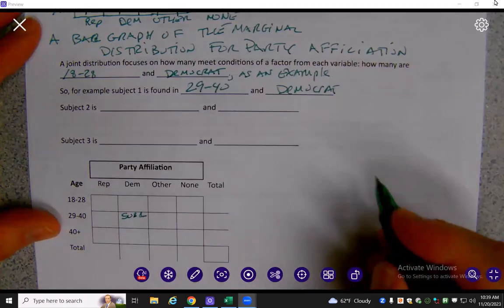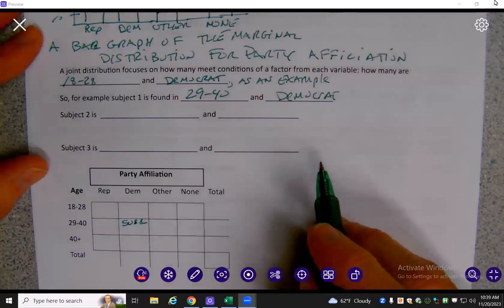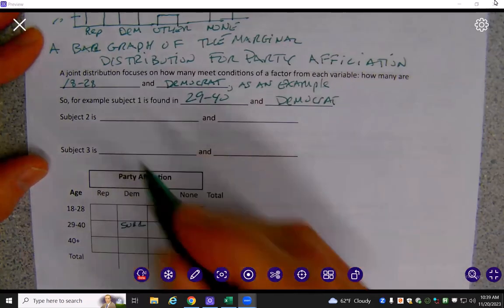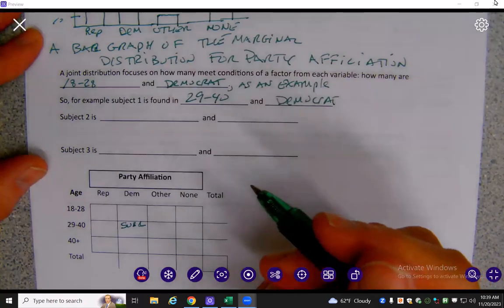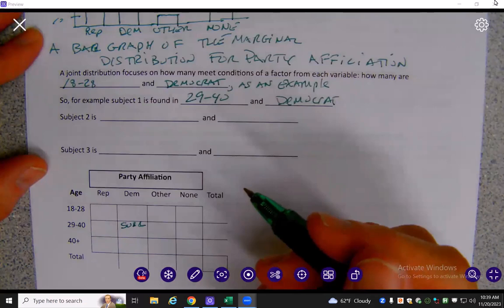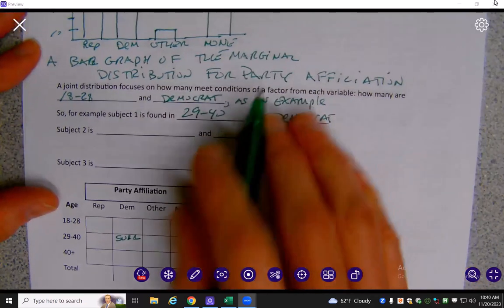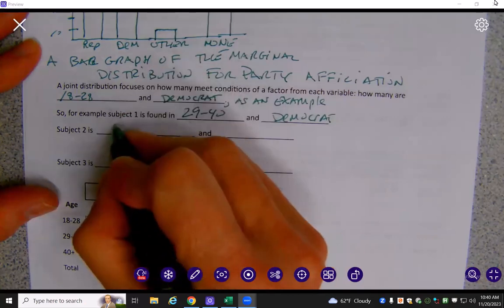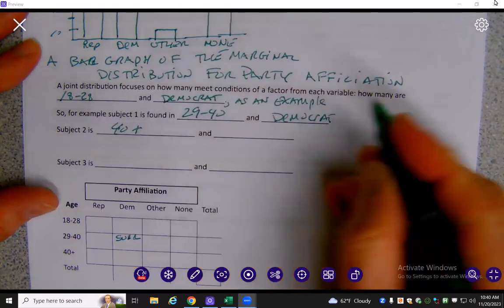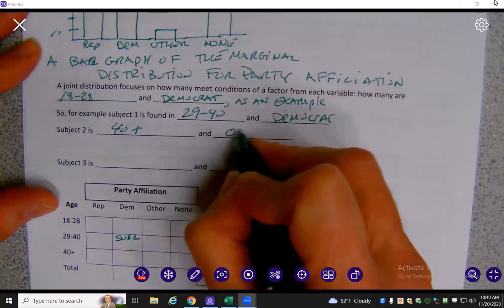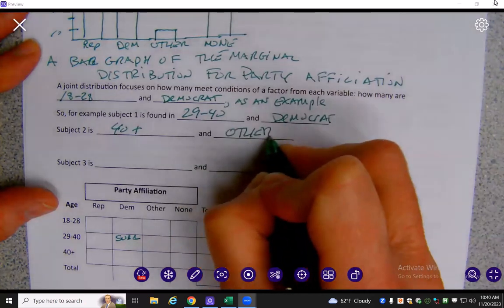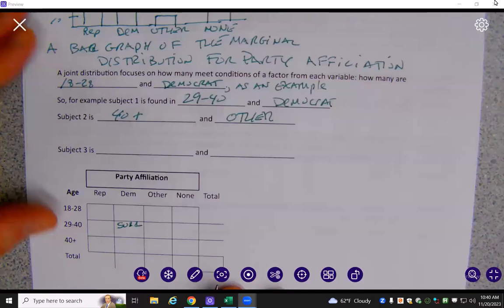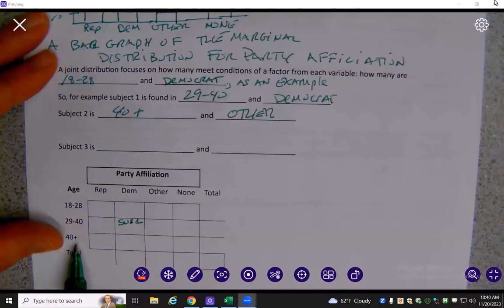For example, where does subject two belong? When you look at the table, subject two belongs to 40 plus and other. So now again, I come over here and subject two is 40 plus and other.